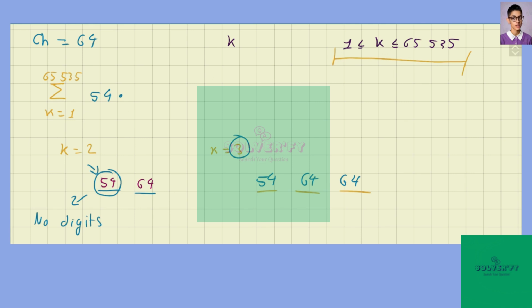But for the rest, we have 64 possible characters, and those are raised to the power of k minus 1. Okay, to the power of k minus 1. And you can verify here, for k equals 3, 3 minus 1 is 2, so 64 squared counts the two remaining places of the string, and we can put any character of the ones that I listed before.